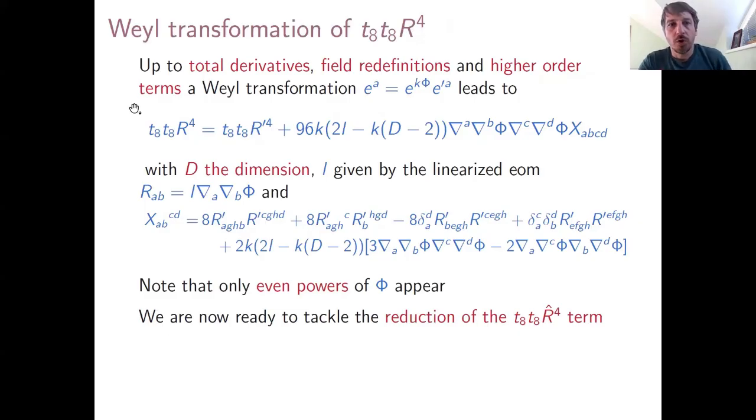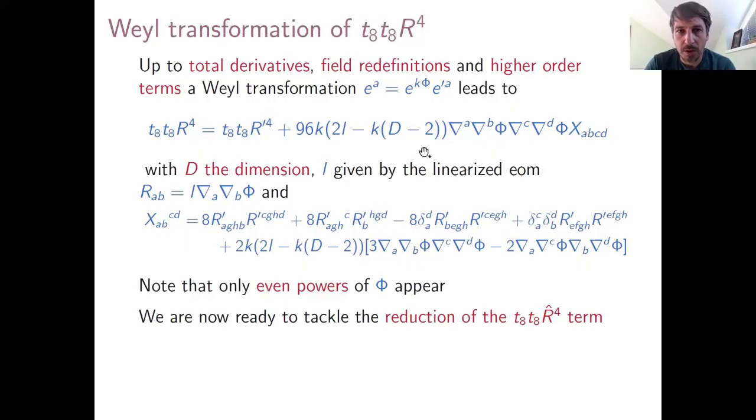And it turns out that you can show that up to total derivatives, field redefinitions, and higher order terms, which are not relevant for us, a Weyl transformation by e to the k phi transforms the T8 T8 R to the 4 terms in the following way. So it produces the T8 T8 R to the 4 of the Weyl rescaled metric plus the following correction. Again, I'm dropping any higher order terms.